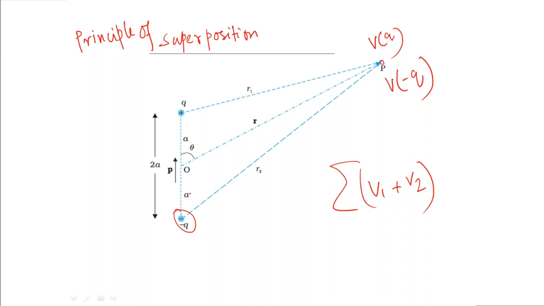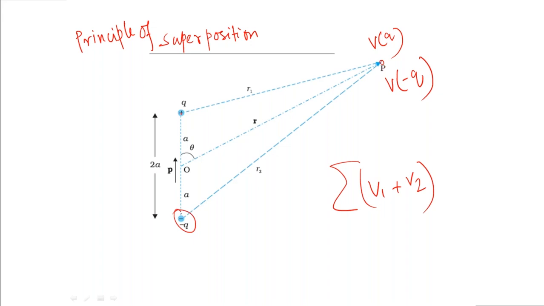Do you understand what I am trying to say? I have a positive charge Q and a negative charge minus Q. If I calculate the potential due to these charges individually at this particular point P, and then take the algebraic sum of these two potentials, the sum will be the total potential due to this dipole.